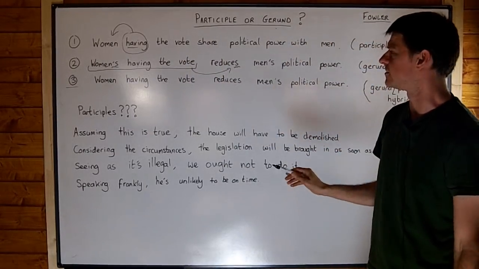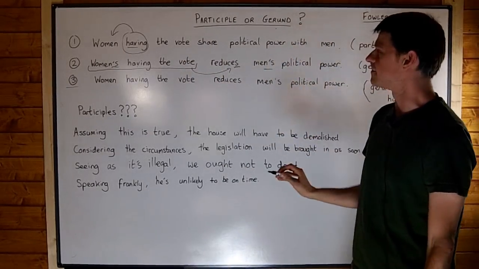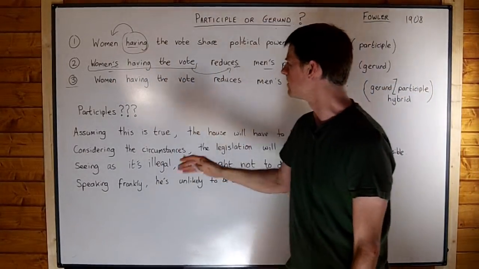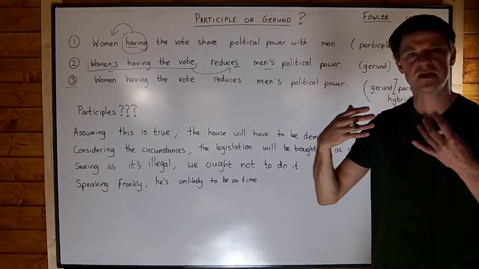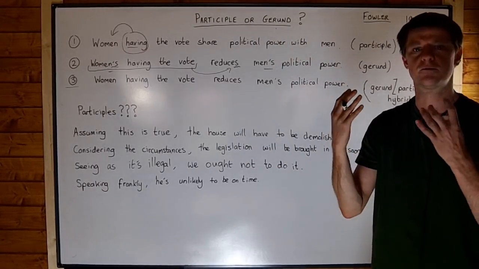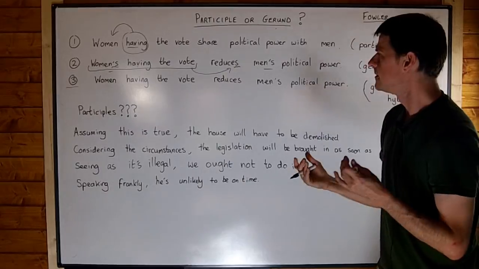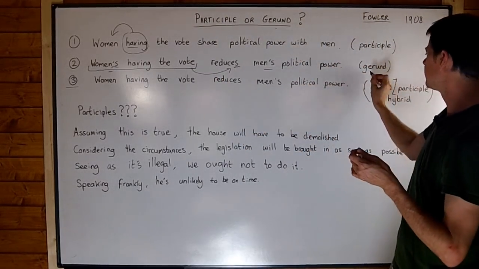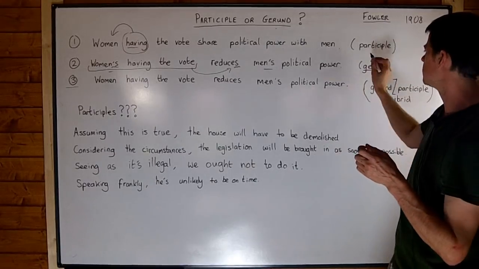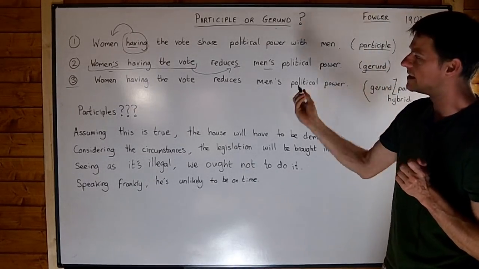Look at the parallelism. You've got men's in the possessive and you've got women's in the possessive on each side of the verb. And so the comparison is better from a parallel structure point of view. The parallel structure is there in number 2. And certainly it's a pure gerund in number 2, just like it's a pure participle in number 1.